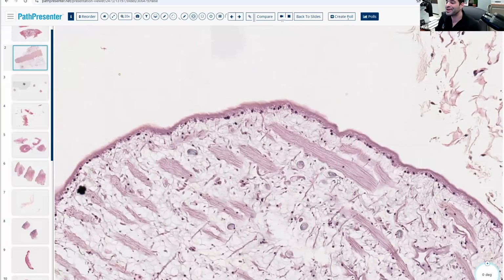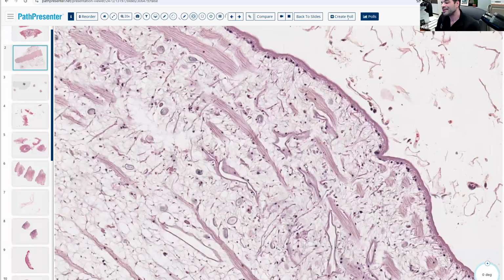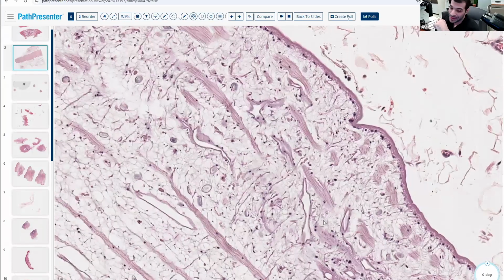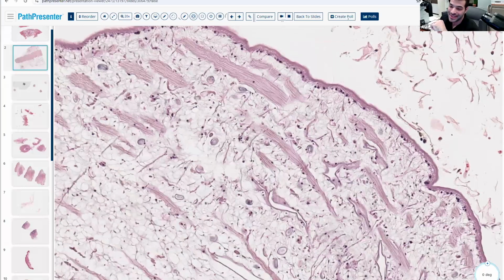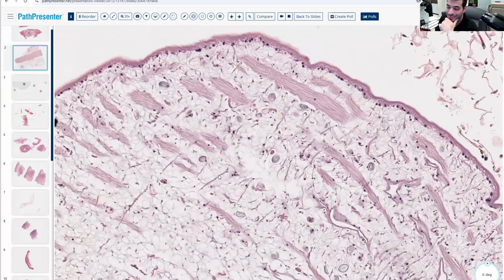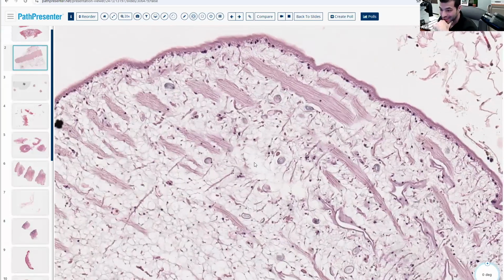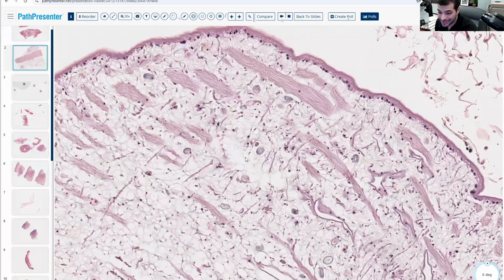These are called calcareal corpuscles. They are involved in calcium homeostasis of this cestode. In fact, without them, the cestode just calcifies and dies.